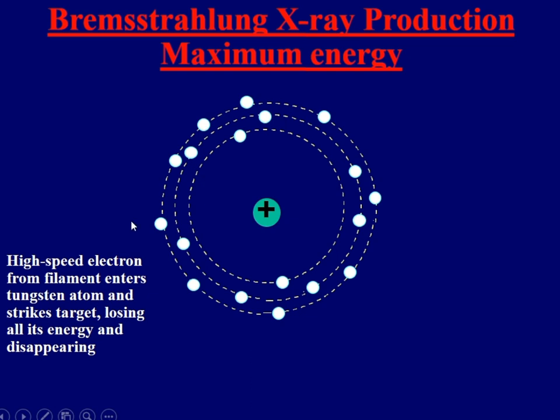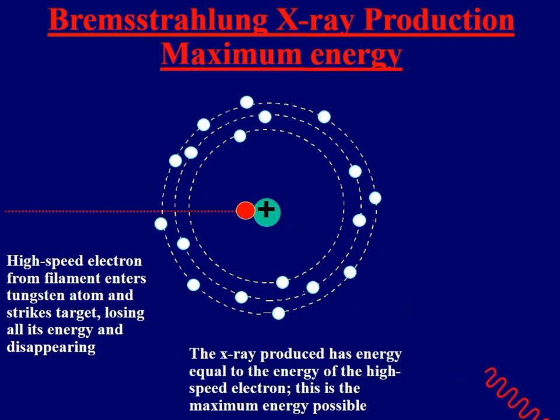Now there can be some other effect. When are the Bremsstrahlung X-rays produced with maximum energy? When does the maximum energy of a photon get produced? It is when the electron directly strikes the nucleus of a particular atom.